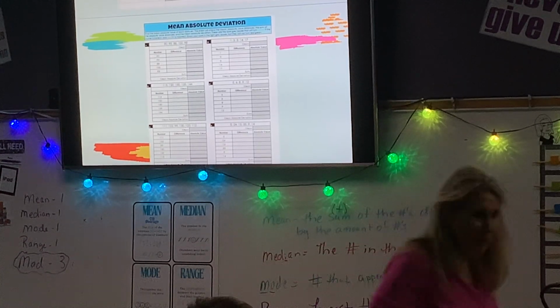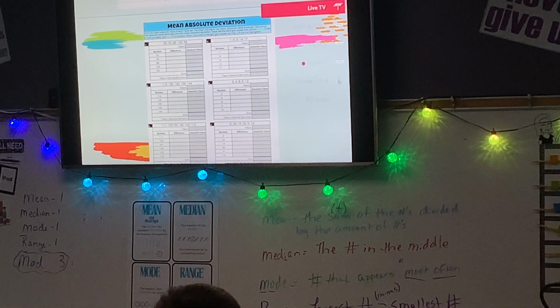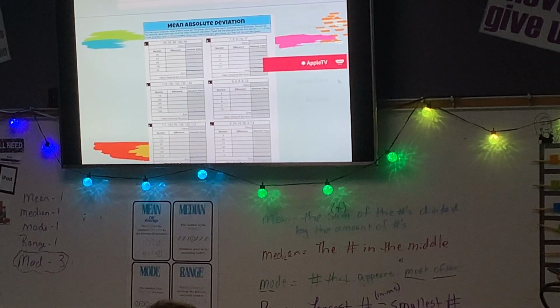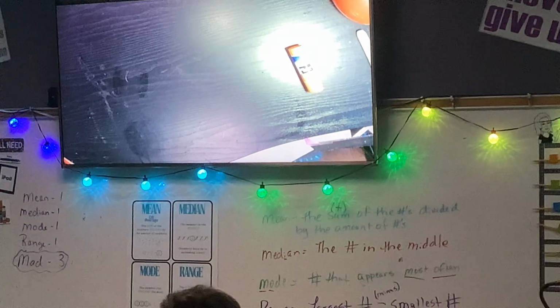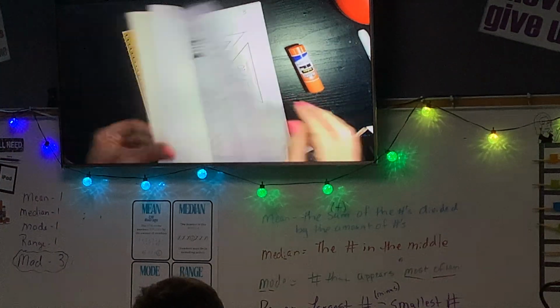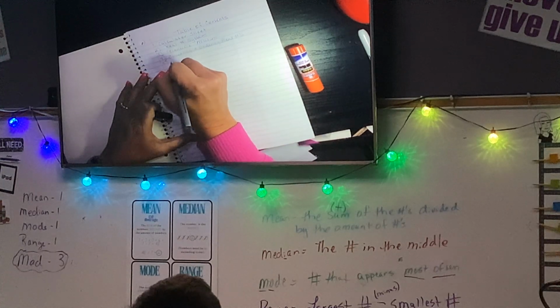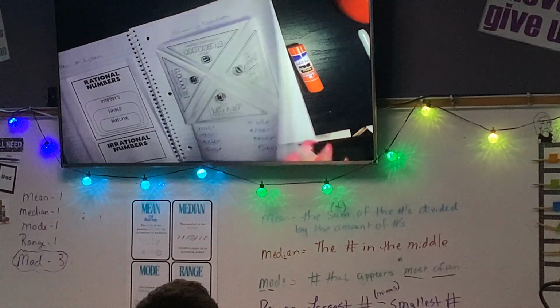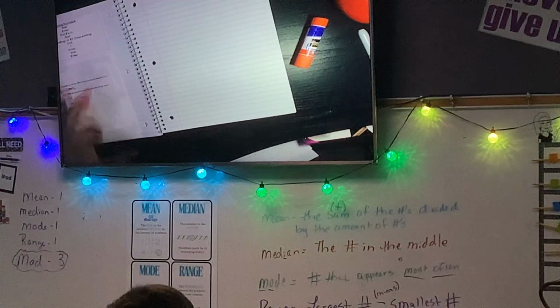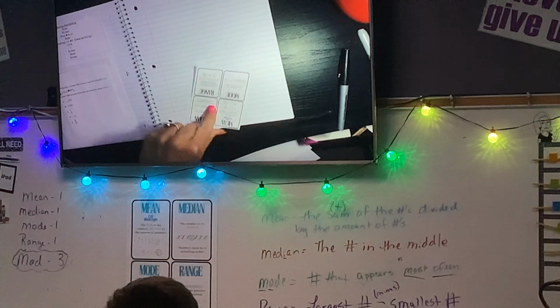So I go here, and I go to page 5. Now, take your little mean, median, mode, and range sheet that gives you all your nice how-to steps.